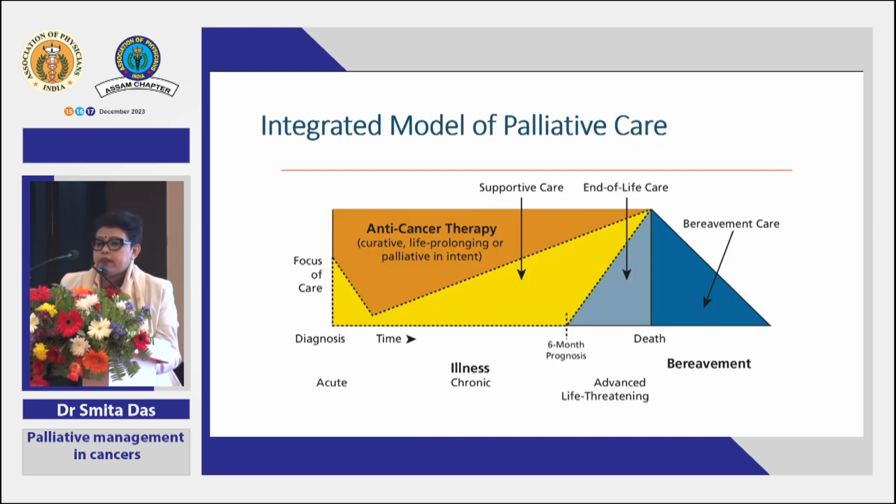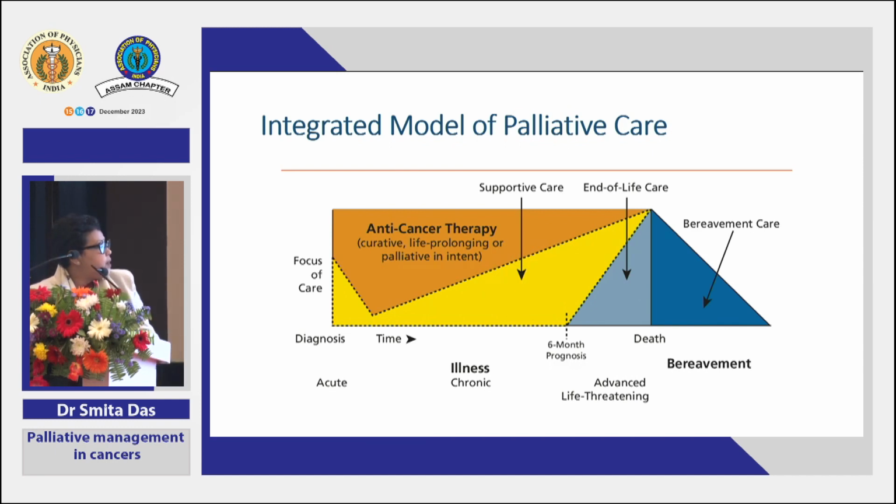This is an integrated model of palliative care, where in the x-axis we see the time frame, as the patient progresses from acute to chronic and to advanced life-threatening condition, and finally to bereavement. And in the y-axis we see the focus of care.